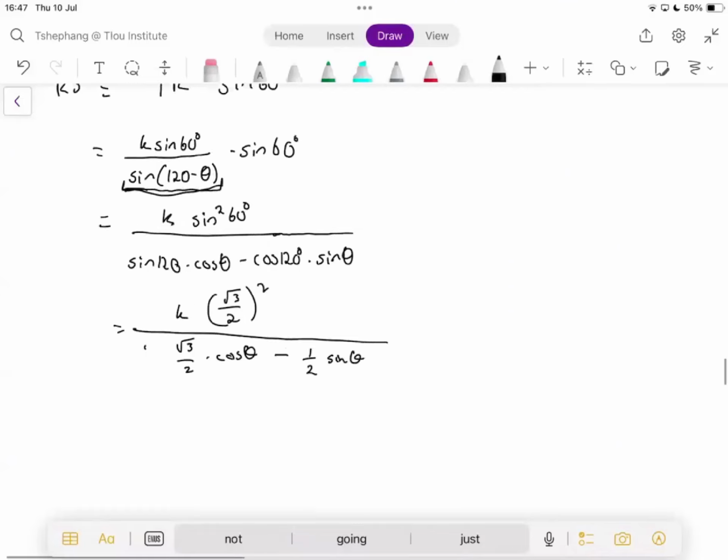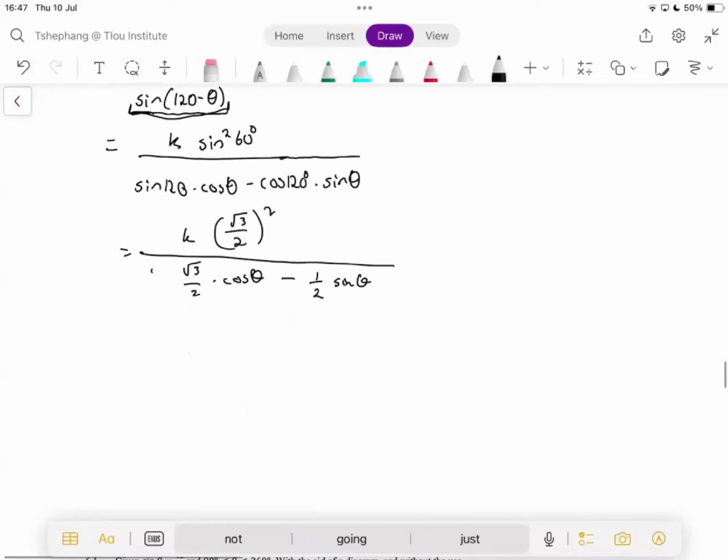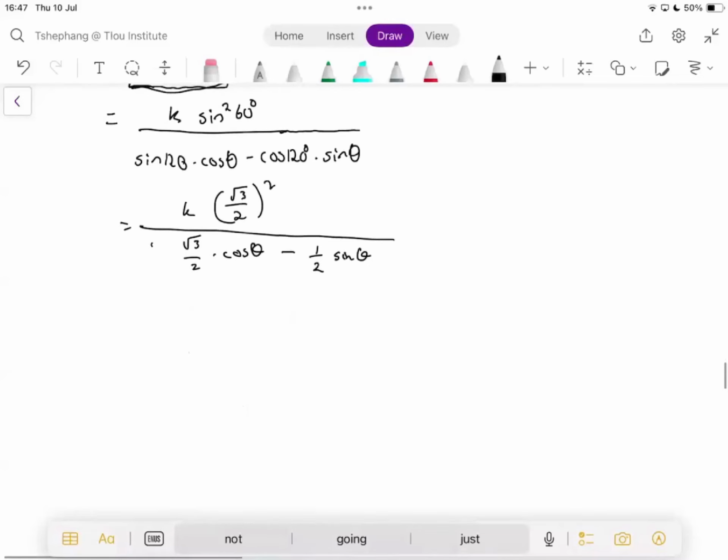Okay, looks like everyone is still following. Then on top, what are we going to have? We're simply going to have k with a 3 over 4, all over the numerator. The denominator is still the same.